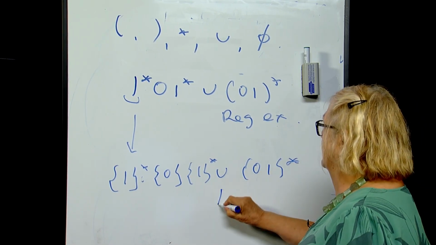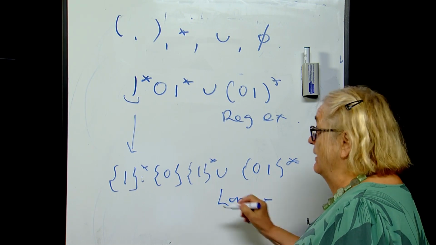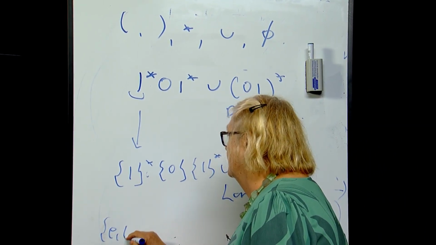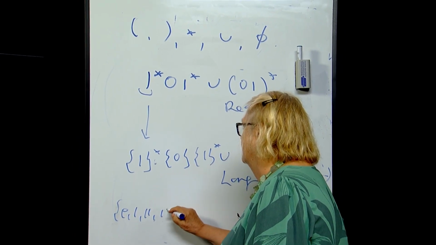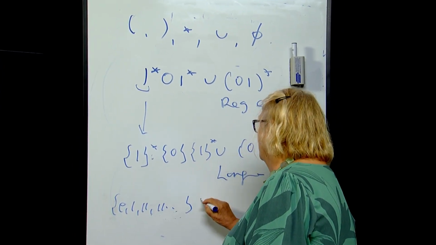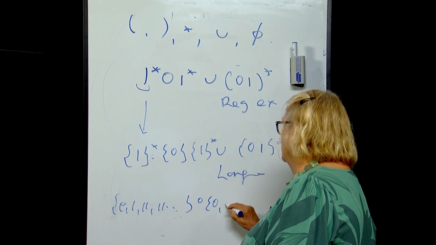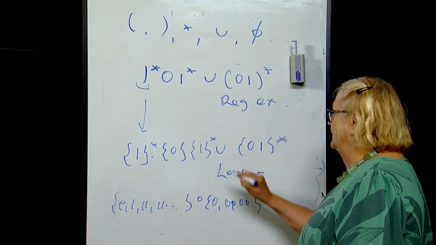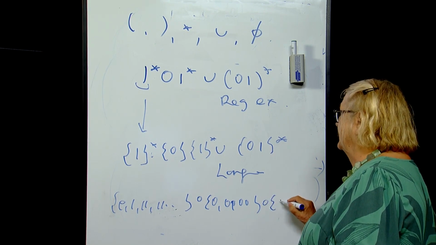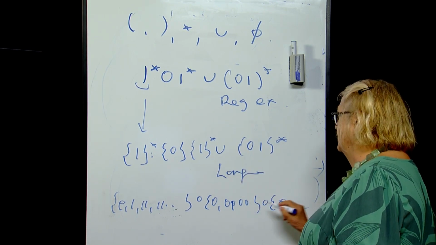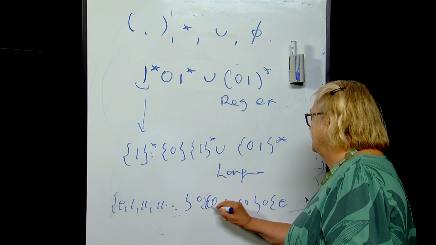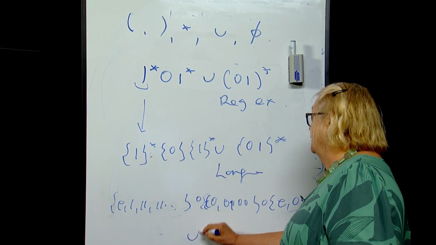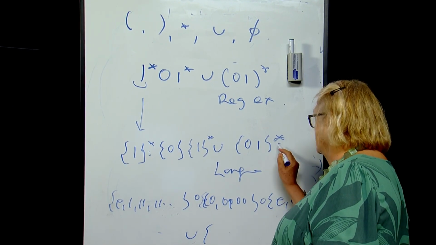So this is the language. And if you want to see what this means, it is epsilon, 1, 1, 1, 1, 1, infinite, concatenated with 0, 0, 0, 0, 0, concatenated with 1 again, or epsilon, I forgot to put epsilon here, and union, and that would be Kleene star.